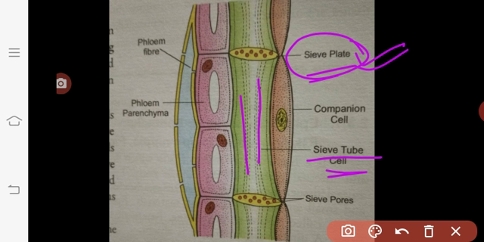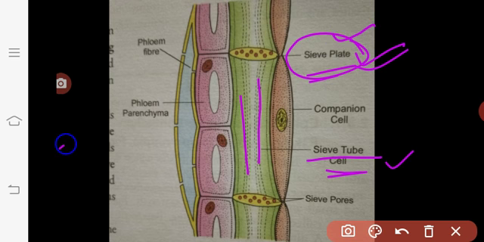Sieve tube cells have vacuolated cytoplasm. The nucleus degenerates. Cytoplasmic strands are continuous between adjacent sieve tube cells through the pores of sieve plates.